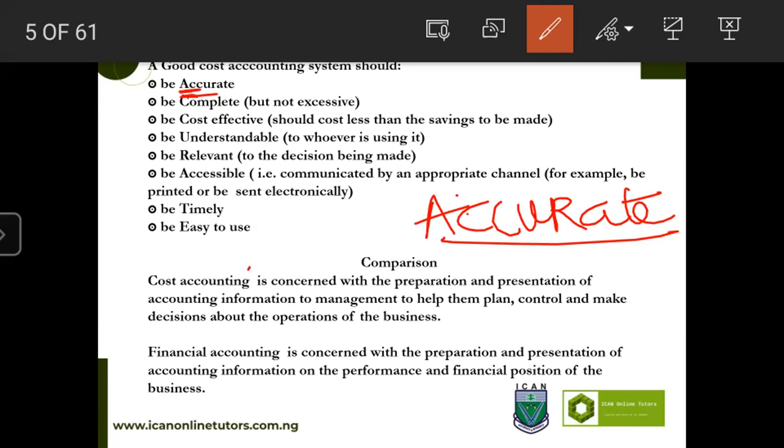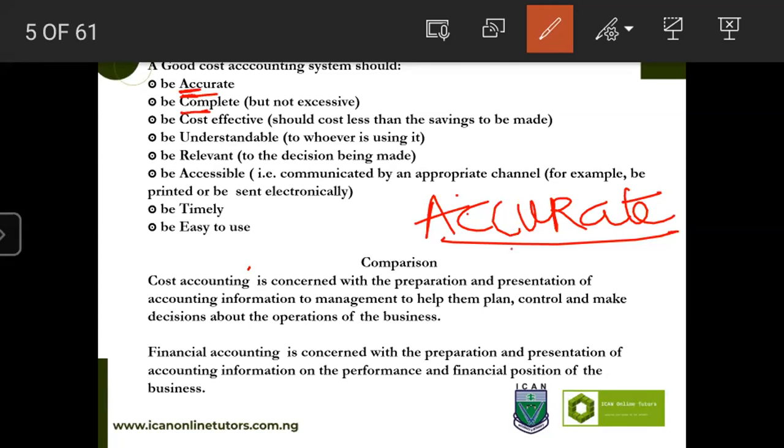C stands for what? Complete. It must be complete. It must not be too much. It must not be less. That's what we call complete. Remember, when you're talking to someone, you say, oh, this thing is complete and accurate. Complete means it is not too much, it is not in excess. Accurate means it is perfect. It does not short any information. Everything is valid.